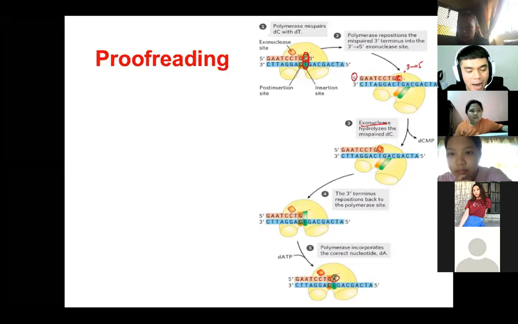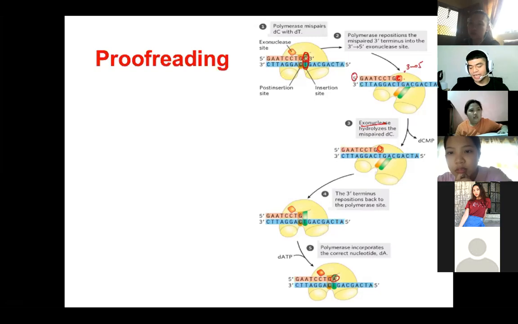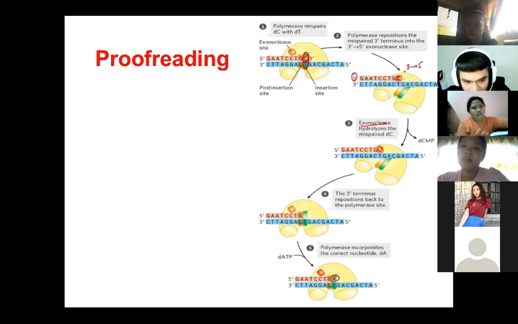Paano siya nagdo-double check? Opposite direction ba nung complementary? Yes. Kaya it's 3 to 5. Kapag double check, is it polymerase or exonuclease? Okay, exonuclease. Kaya ang polymerase 3, meron siyang 5' to 3' polymerase at meron siyang 3' to 5' exonuclease action.